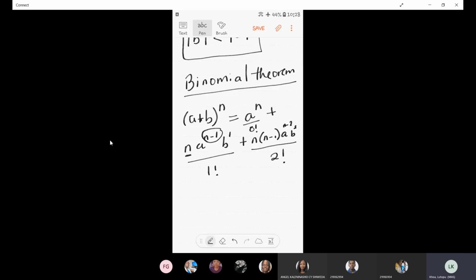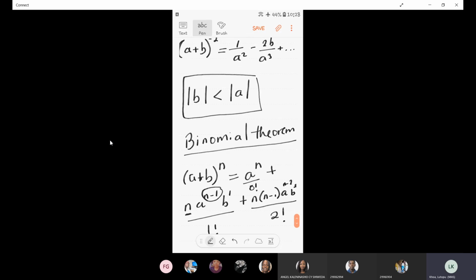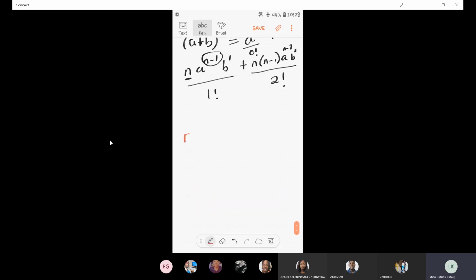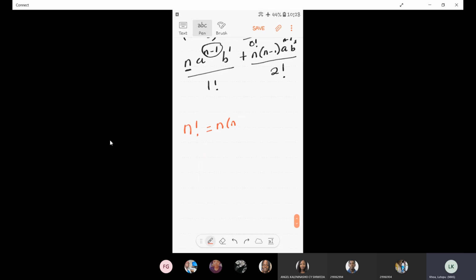Now factorial means this. So n factorial is equal to n times n minus 1 times n minus 2, and then you go on until you get to 1. So factorial is a mathematical function that you perform on positive integers.